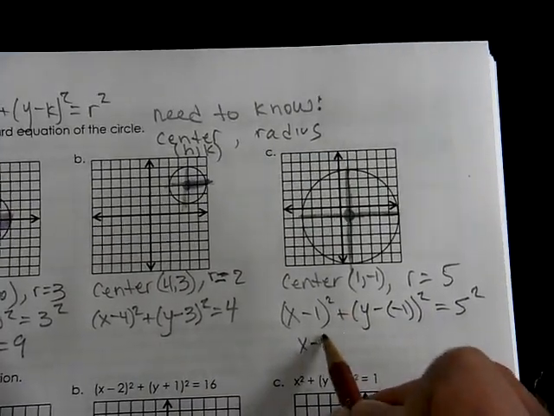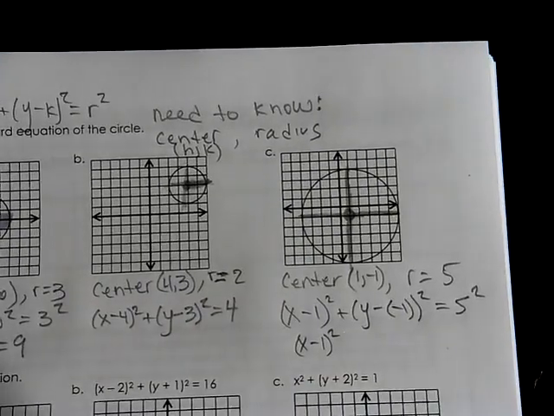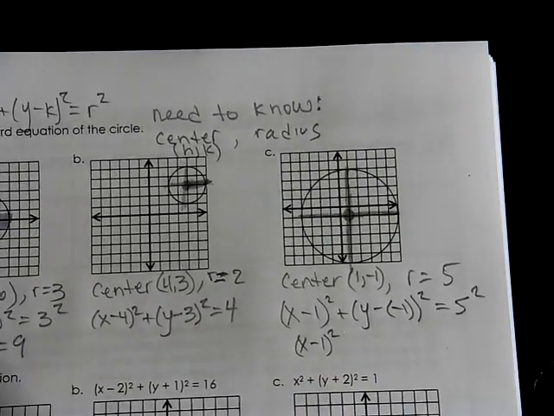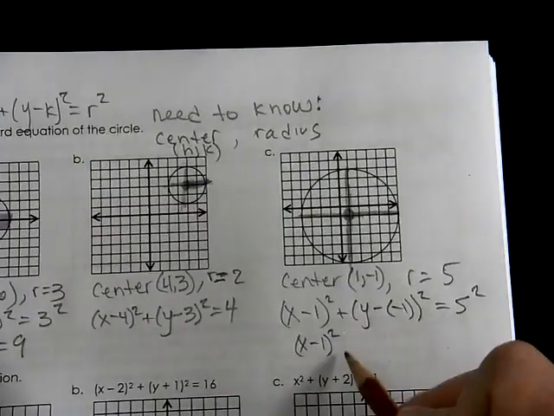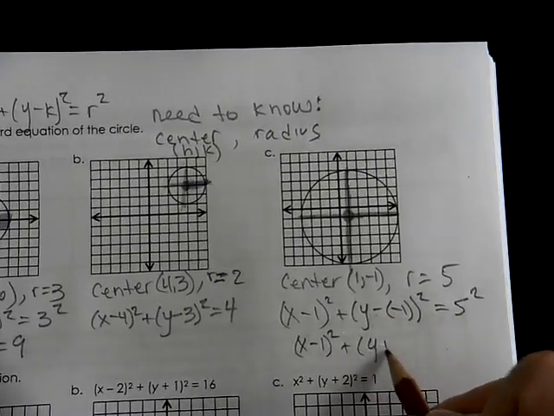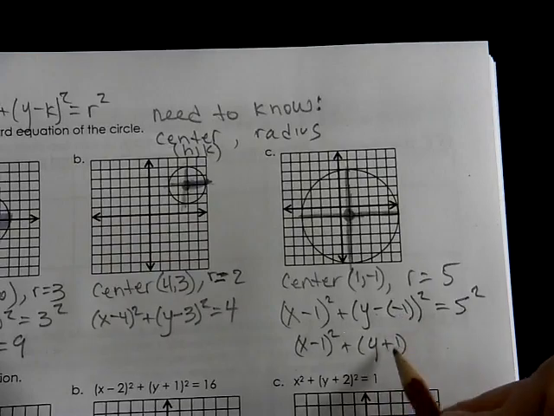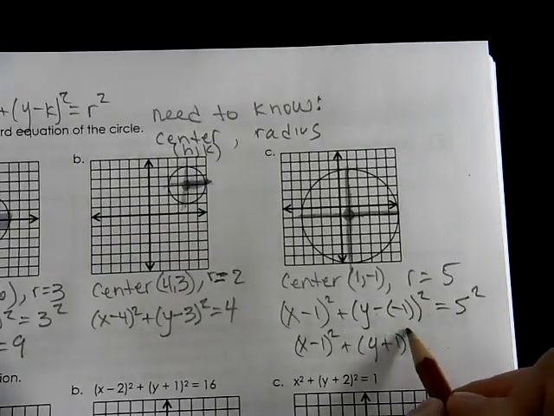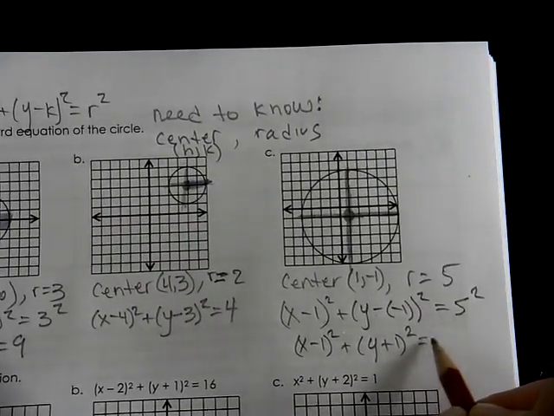Nothing can be changed here, x minus 1 squared. You cannot distribute that. You cannot call that x squared. You would have to do a whole FOIL part to it, so we'll just leave it. Plus y plus 1, because when you minus a negative, you get a positive. Still squaring it.